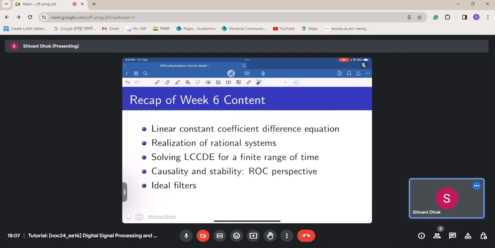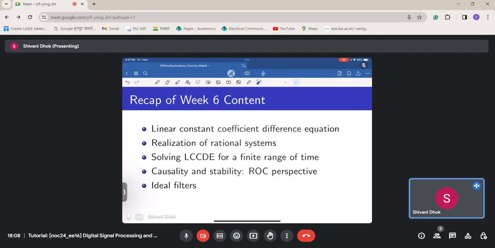After that, we saw that this LCCDE can be realized very well. So basically, if rational systems have this kind of structure, then we can realize the systems which have rational Z transforms.